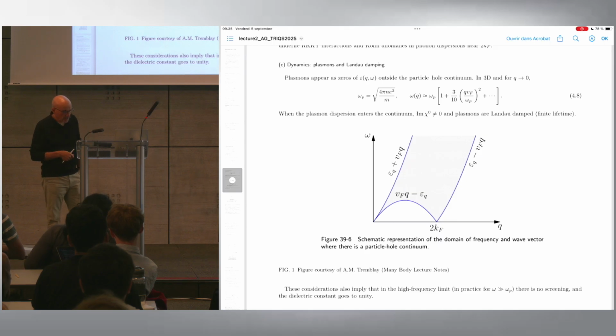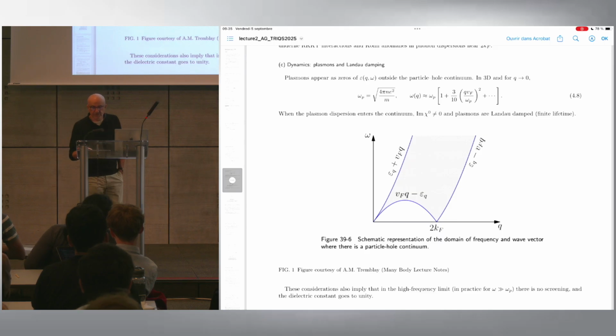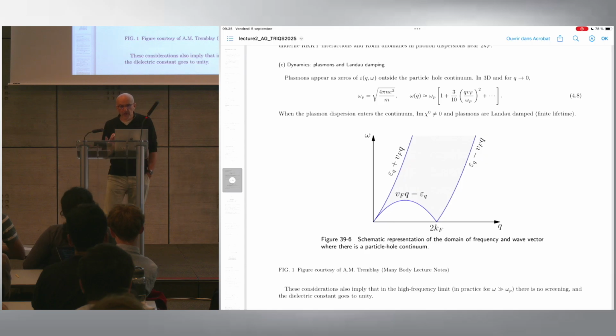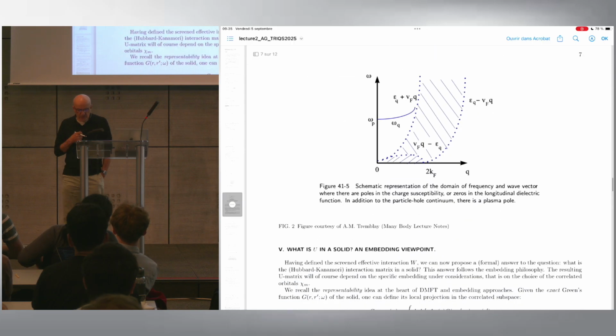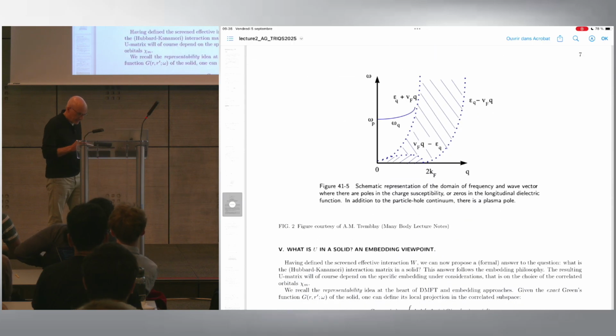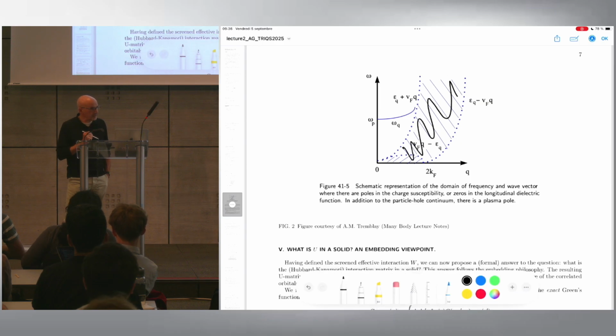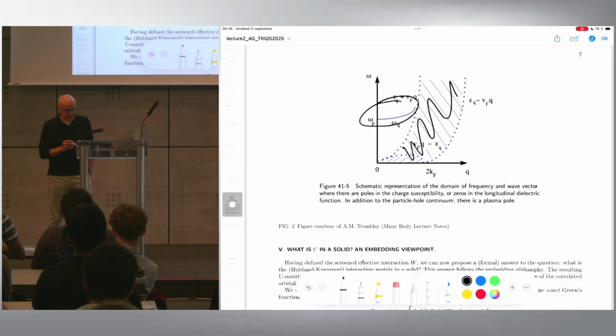But outside this dashed region, chi naught is purely real, and hence, when you look at 1 plus V of Q chi naught in the denominator, this thing can have a pole. And when you put all this into the RPA formula, what you find is something like this. There is still a continuum of particle states, but there is now a pole here, which starts at Q equals 0 at the plasma frequency.